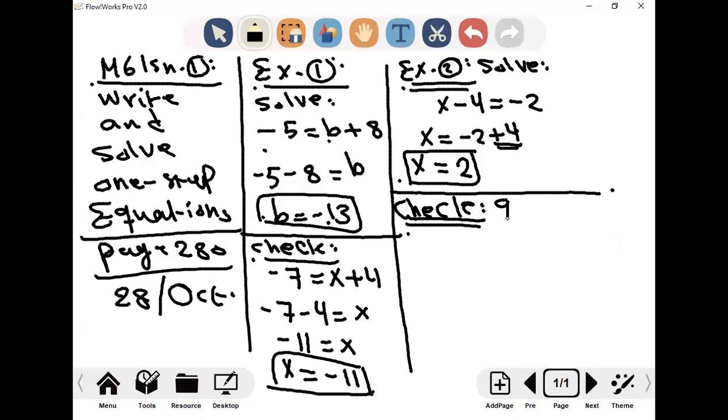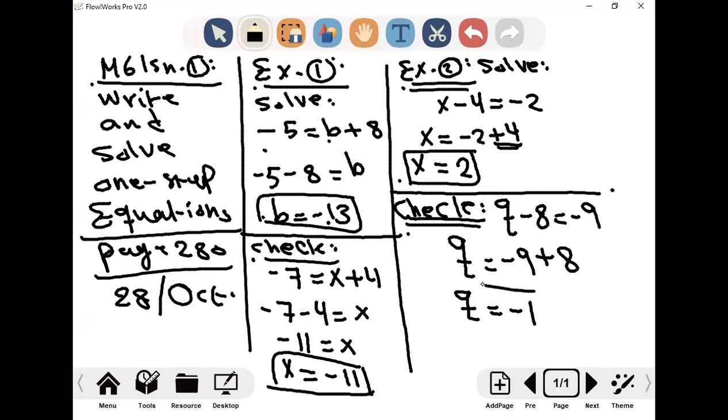Here q - 8 = -9. I want q to be alone. What will I shift, Islam? The negative 8 to the other side. It will be positive 8. So q = -9 + 8, which is q = -1. Done? Done.